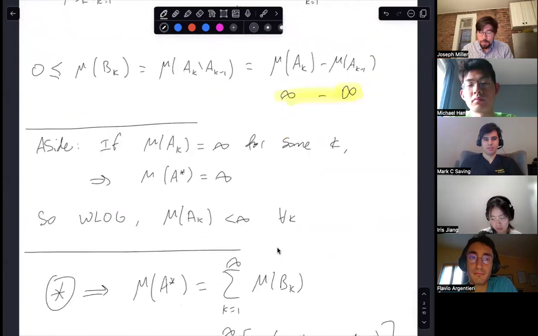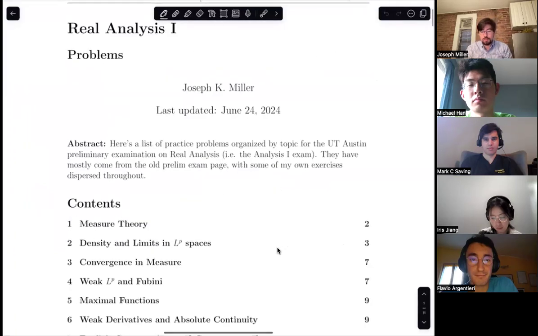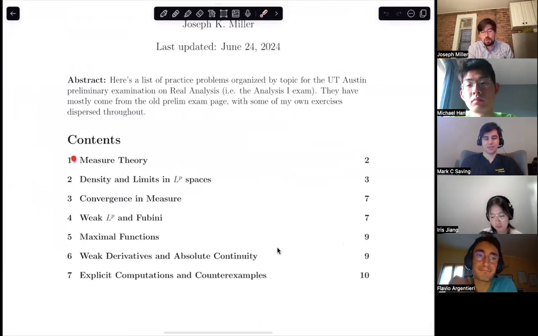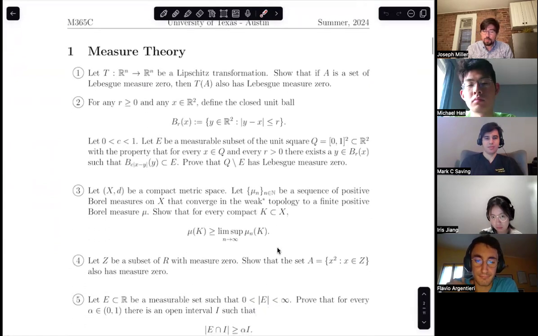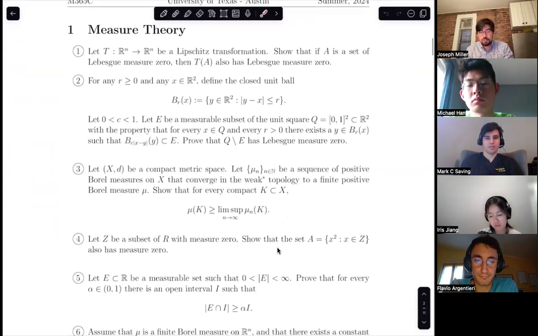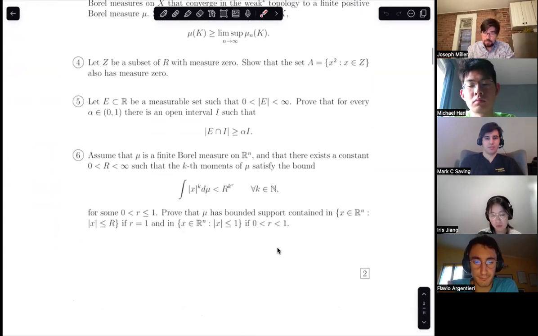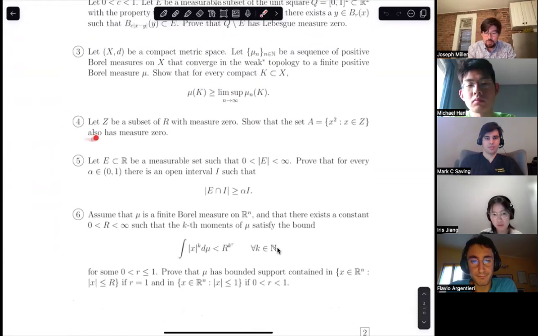Okay, if there are no more, if you guys are bored, I have a bunch of problems I'm about to upload. The way I'd like you to do it is maybe work on a few from this measure theory section, right? These are coming from past exams at UT, and I've just organized them based on problems. Some of them are fun. For example, this one's kind of fun.